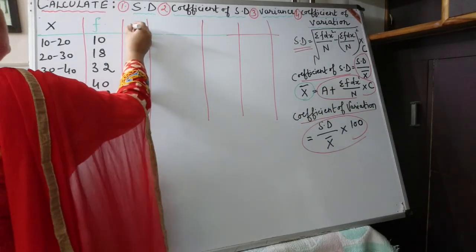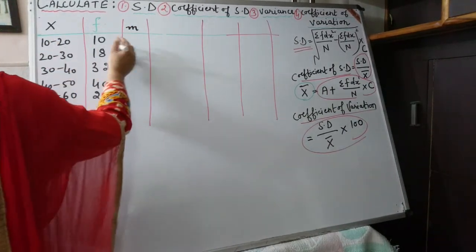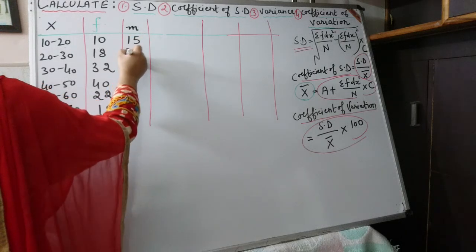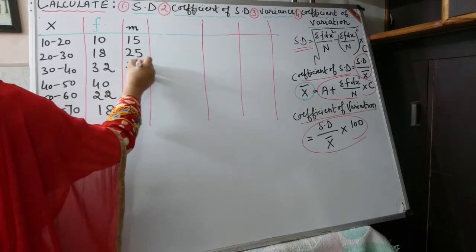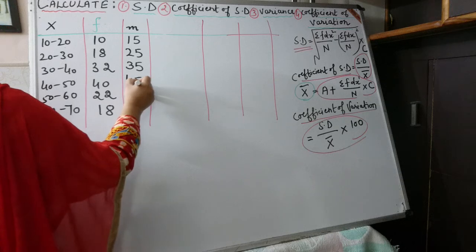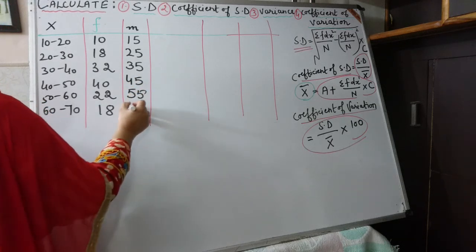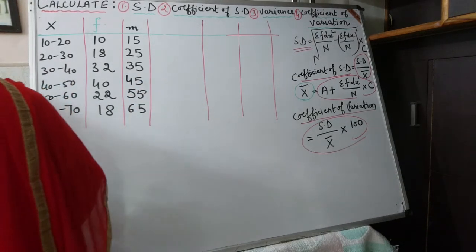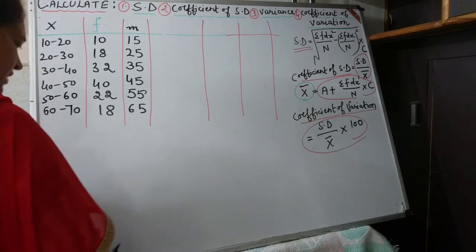For 10 to 20, mid values will be 15, 25, 35, 45, 55 and last one is 65.